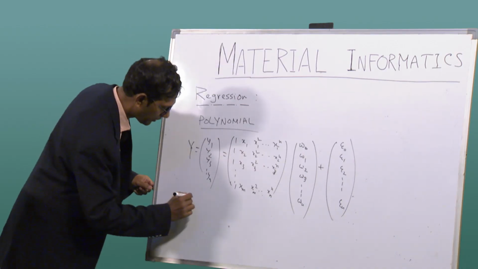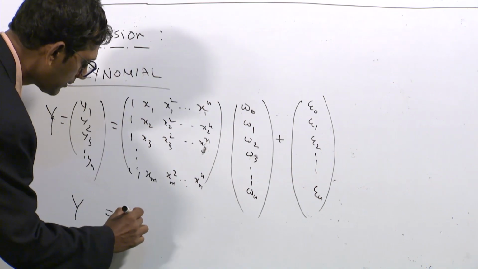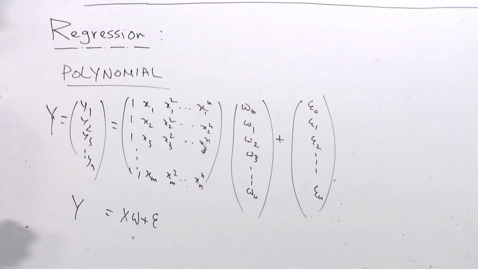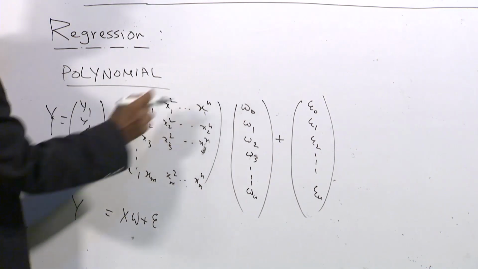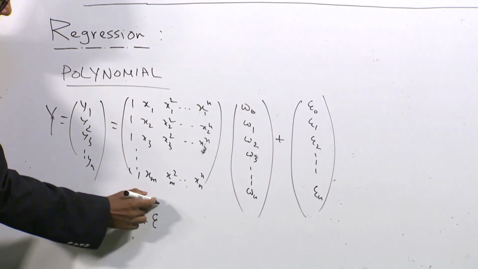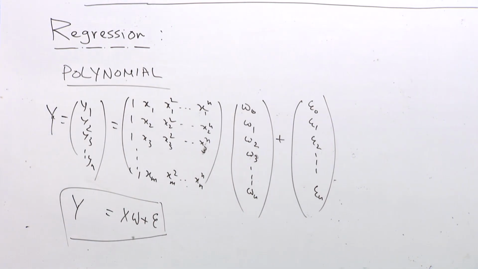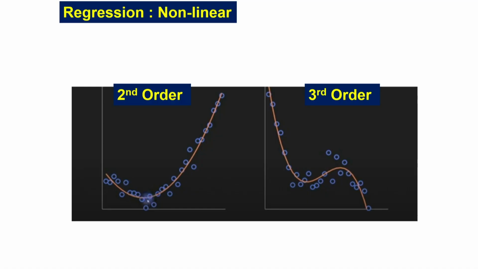So, this is nothing but y equal to x w plus epsilon, but here x has different degrees, right, that is what it is. In general the polynomial looks like this. So, if you just want to fit polynomial, let us say these are my data, come back to the projection.